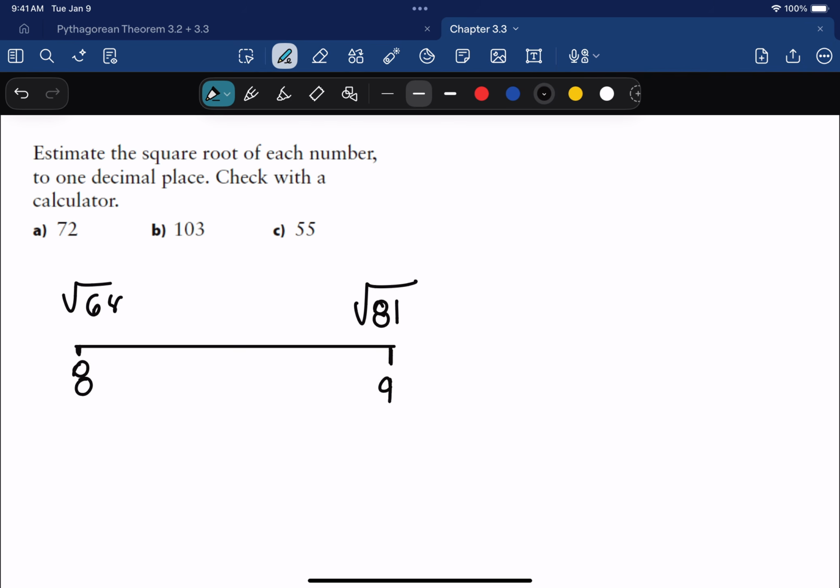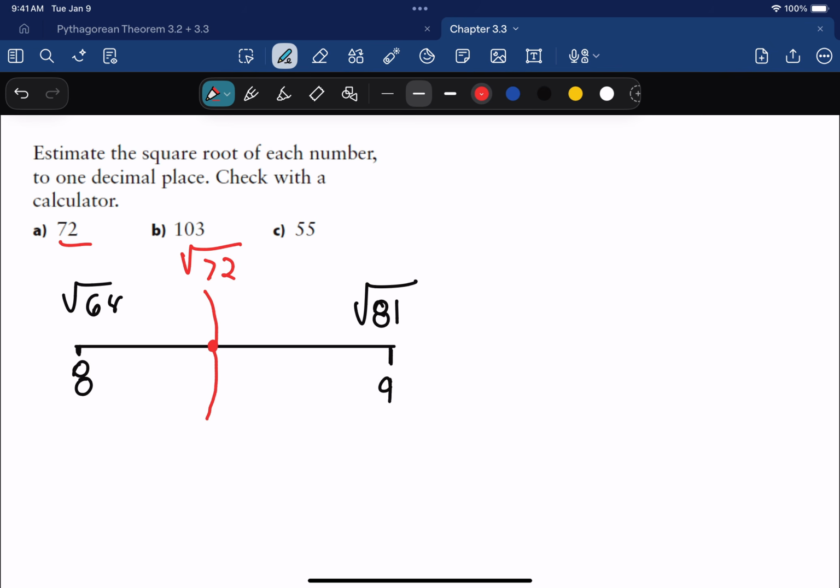So we know that the square root of 72 is going to fall somewhere in between. 72 is about 8 higher than 64, and it's about 9 lower than 81. So it's going to fall somewhere in the middle, a little bit closer to 8.